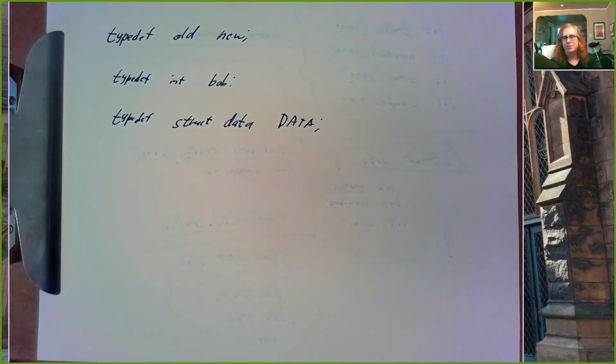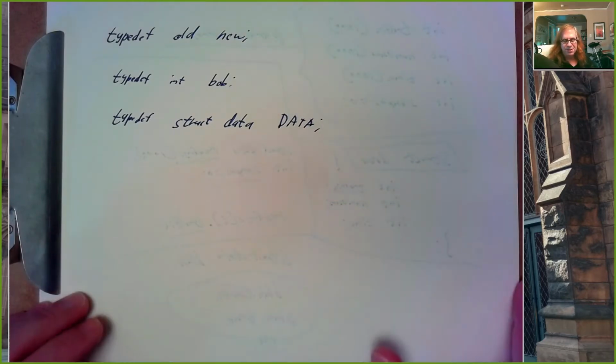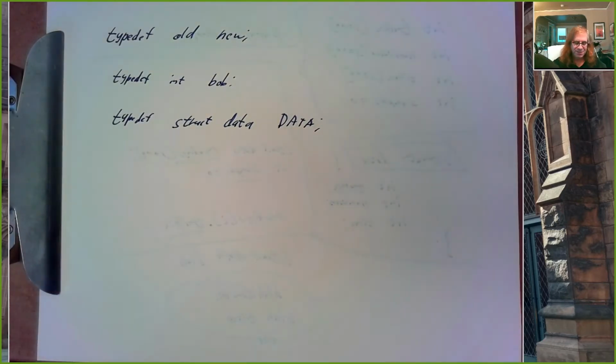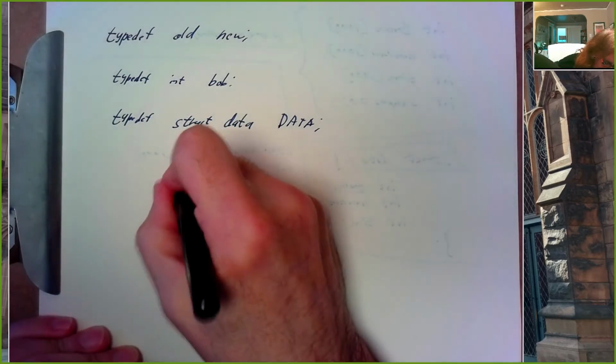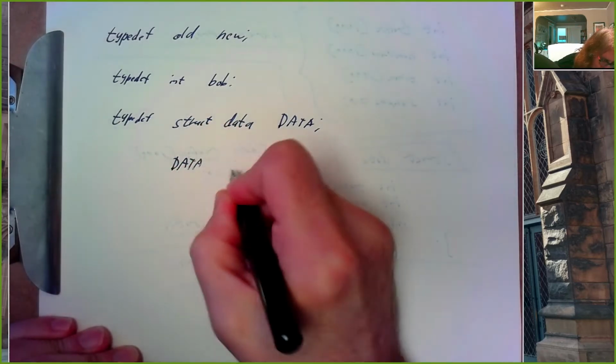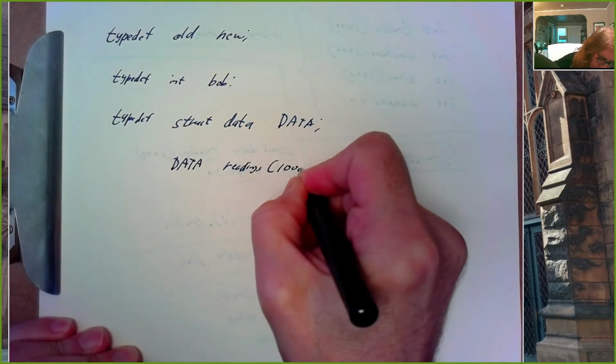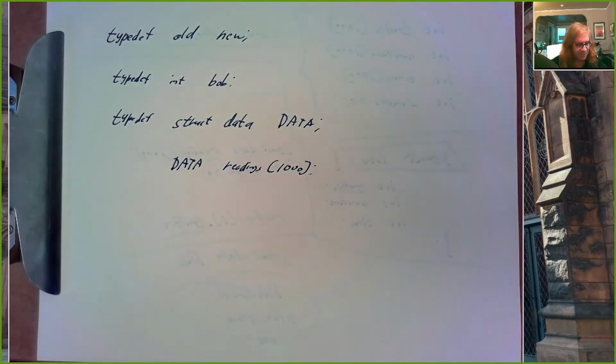But I could call it monitored data or reading info or George Jetson or whatever. So it's just a shortcut. It doesn't do anything that we can't do just by saying struct data all the time. But once I've done this, then I can say something like Data readings bracket 1000. So it's a nod to readability, basically.